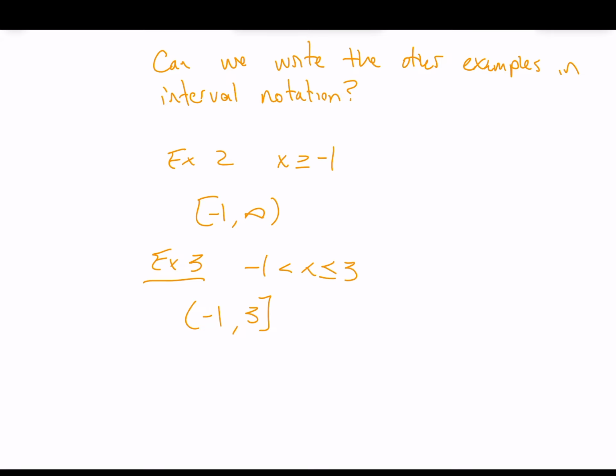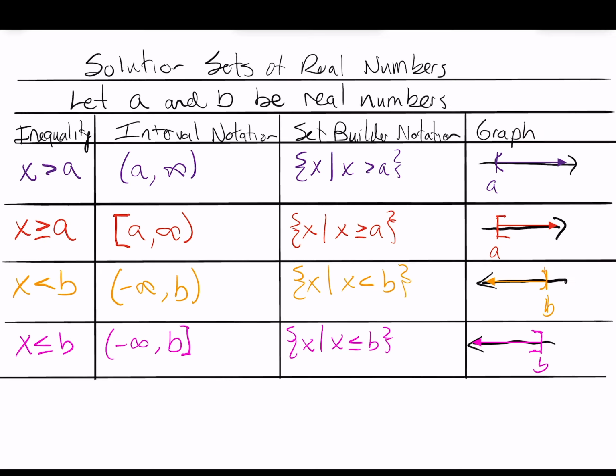Okay, let's now break down any possible real numbers a and b and what that inequality, graph, interval notation, and another type of notation would look like. Okay, let's talk about this chart a little bit. Solution sets of real numbers. So if we let a and b be real numbers, then we can talk about the inequality x greater than a.